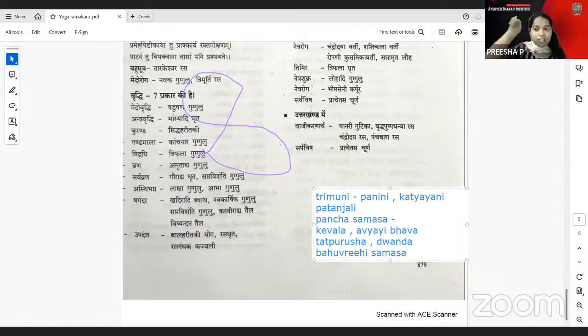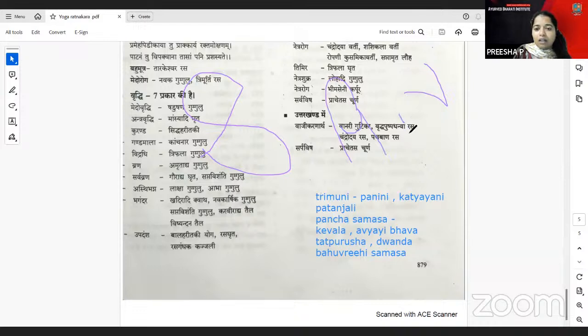Au is coming as 2 here, so you can consider it as the Dvandva Samasa. When you write Pidarau, it will be like this. These are the parts mentioned here.